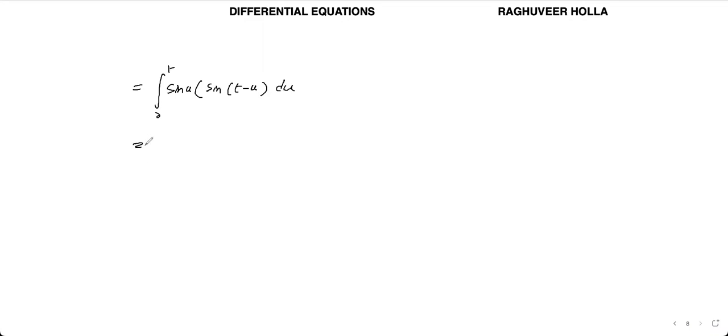This can be written as integral 0 to t of half of cos of u minus t minus u, minus cos of u plus t minus u.